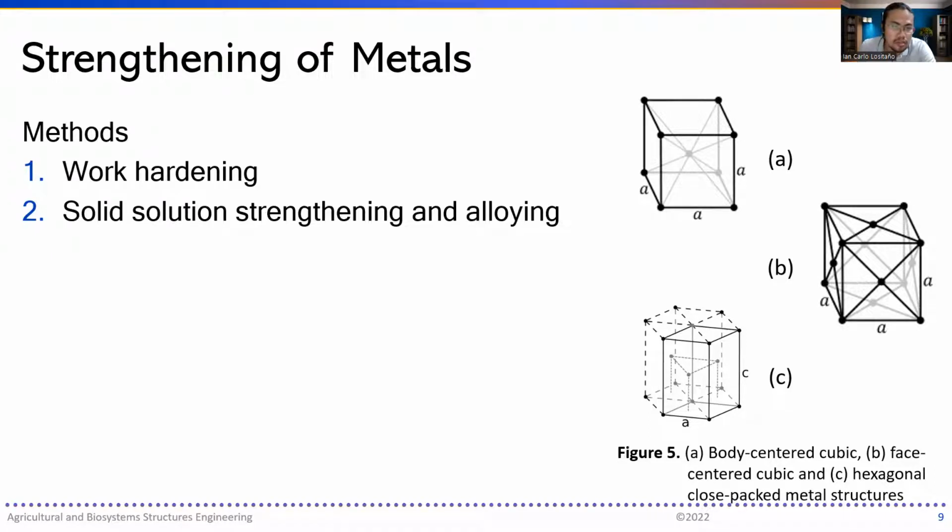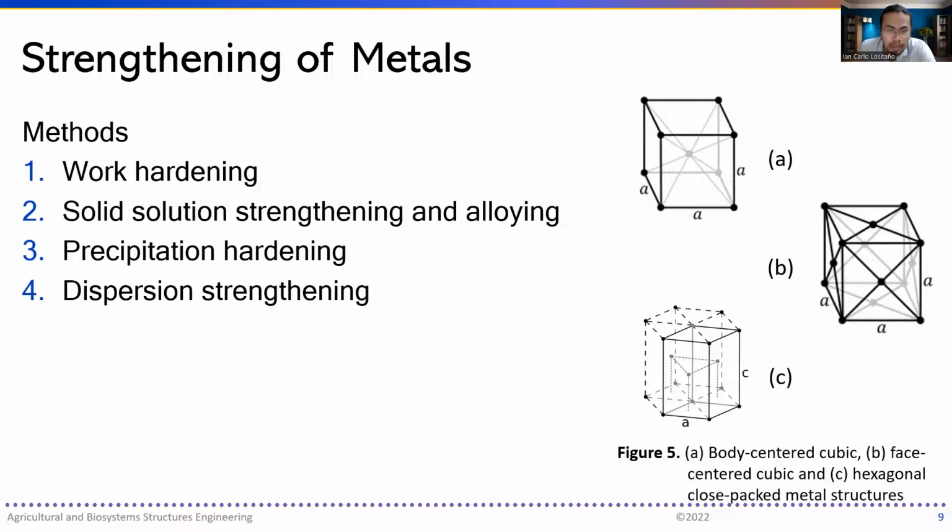Then you have precipitation hardening. This is heat treatment to increase the yield strength. Another is dispersion strengthening. This is alloying with small oxides, which introduces a second phase to the metal. This is also common in steel.